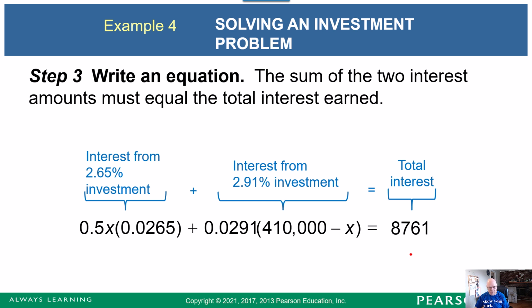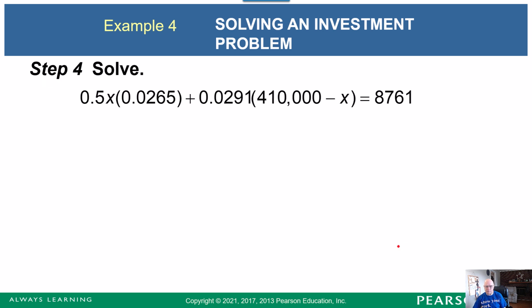So simply add them together. These expressions might look strange to you, but just write them down. That's how much you get from one of the investments. This is how much you get from the second investment, and there is your total equation.